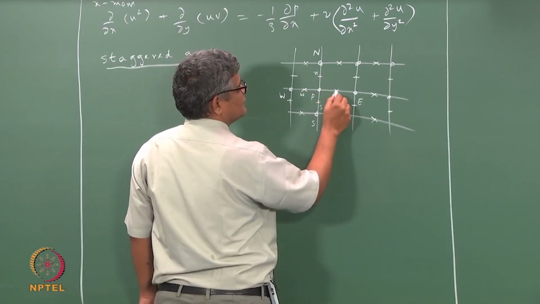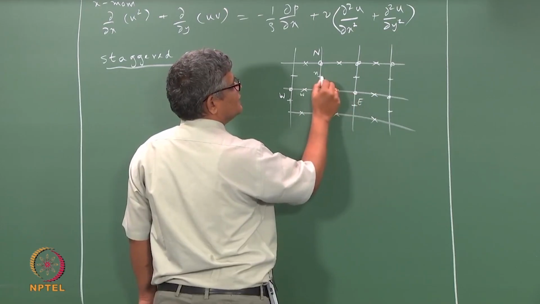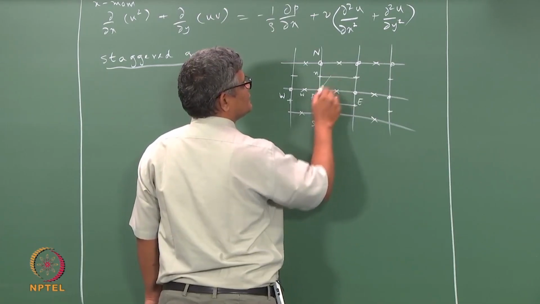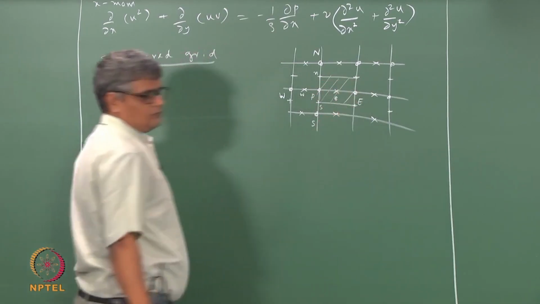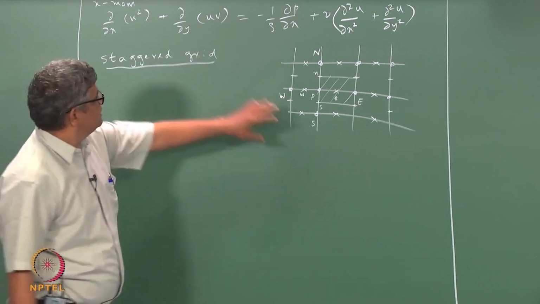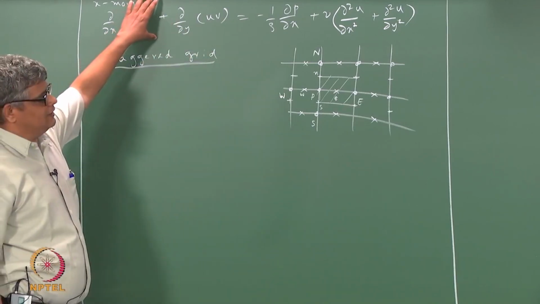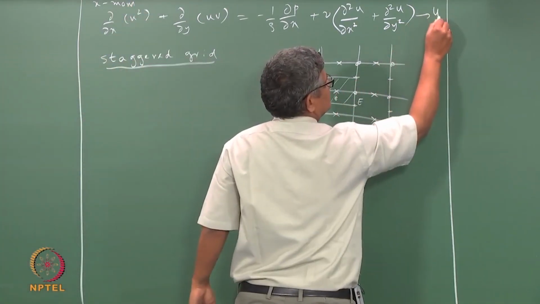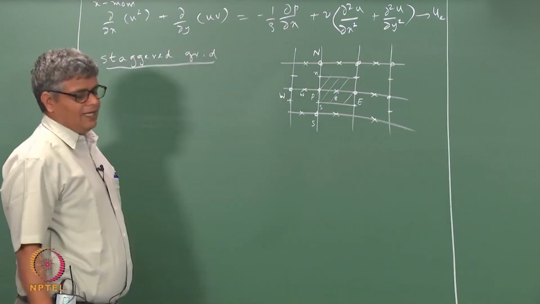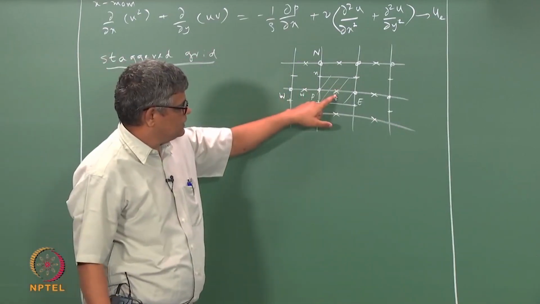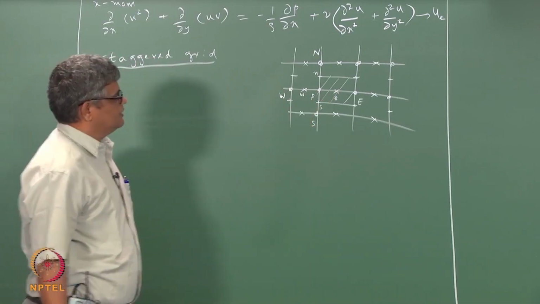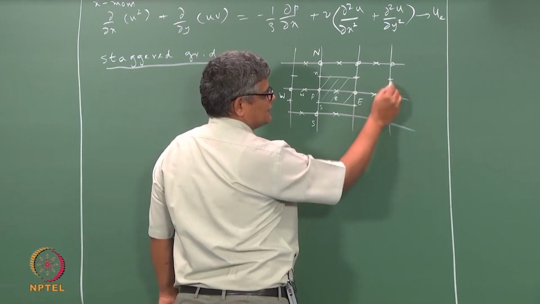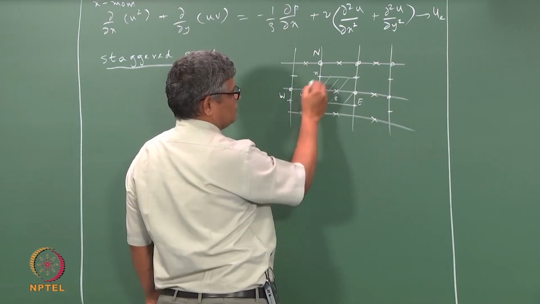This extends halfway this side and halfway this side, and halfway north and halfway south like this, and this is the control volume over which we would like to evaluate the x momentum equation and get the velocity at the center of this control volume, which is velocity at small e. Similarly, we discretize over this volume to get an equation for this, and this volume to get an equation for this.